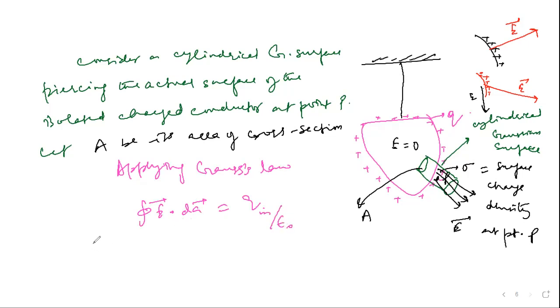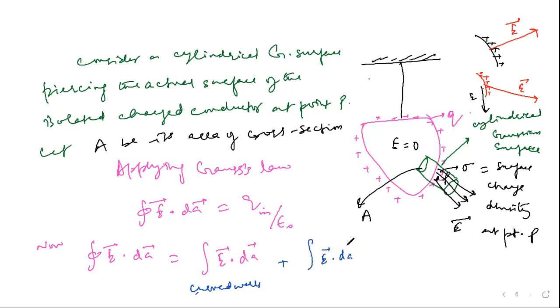Now my flux I will split into three parts: E dot dA over the curved walls, plus E dot dA over the inner end cap, plus E dot dA over the outer end cap, right?